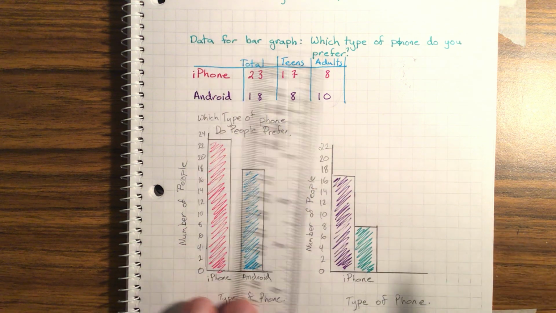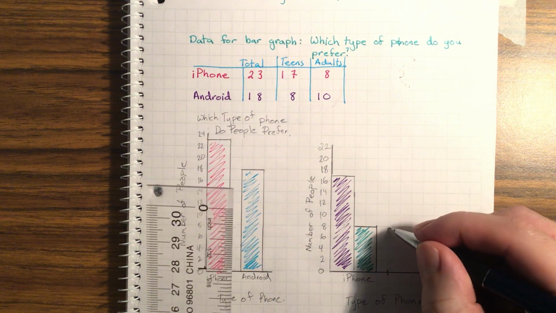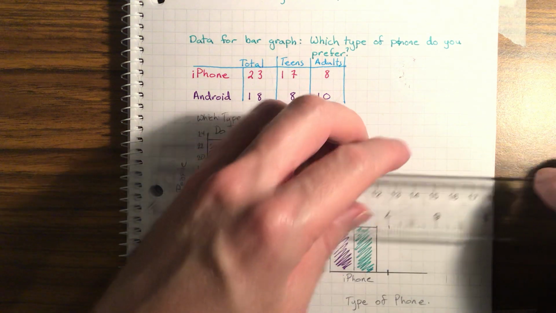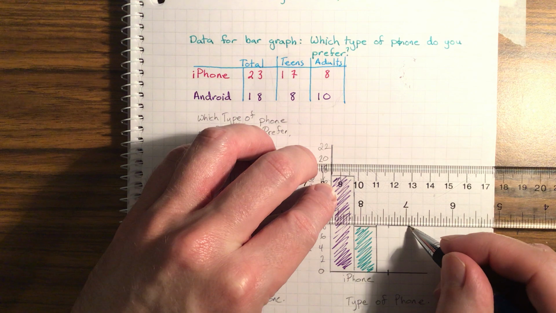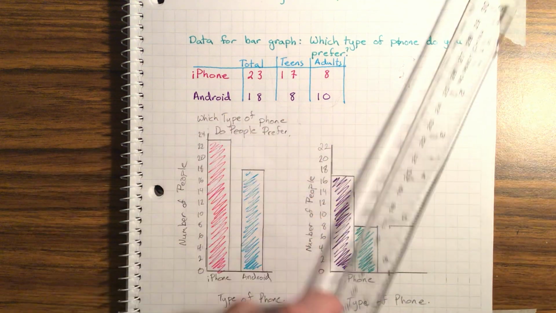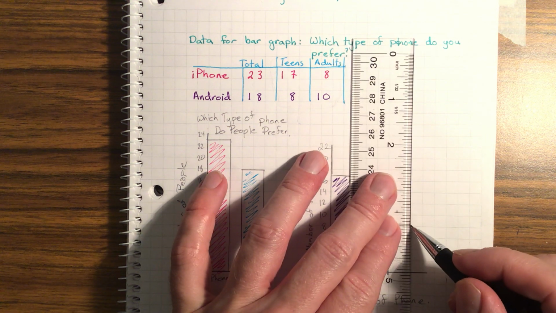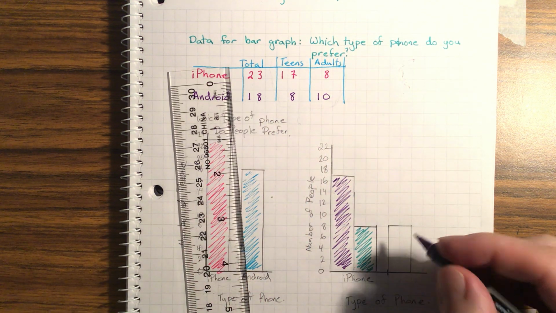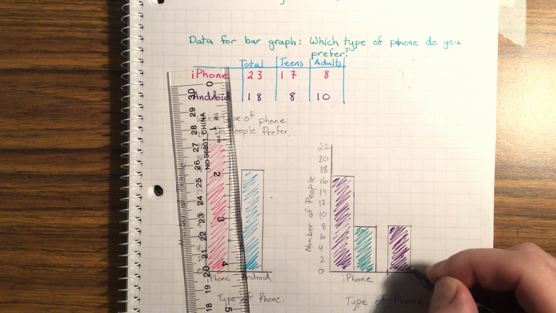Now, Android, I need to leave a gap before I do my Android bar. So my Android bar goes up to 8 for teens. So I draw on my bar for 8. And I colored in purple, just like the teens for the iPhone.